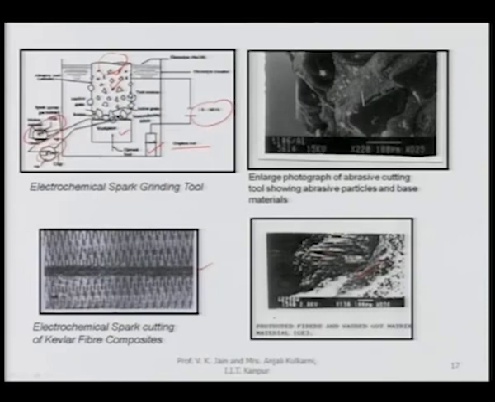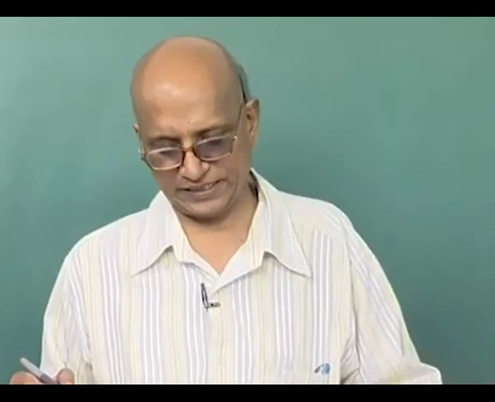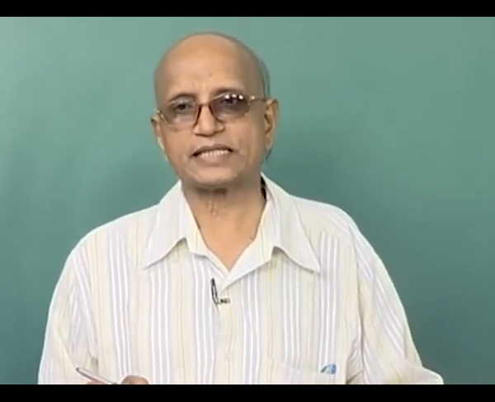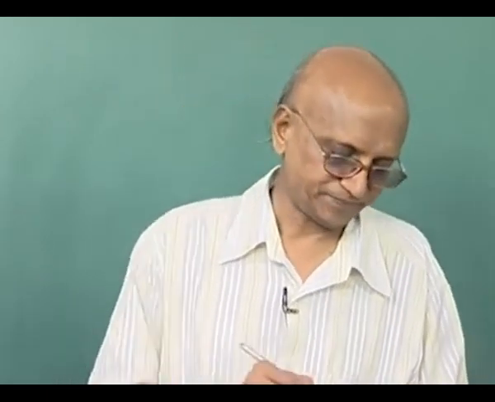So, you really do not get a good surface when you are using electrochemical spark cutting or machining for glass fiber epoxy composite materials. So, these are some of the problems which have to be solved before applying it for machining glass fiber epoxy composite materials.